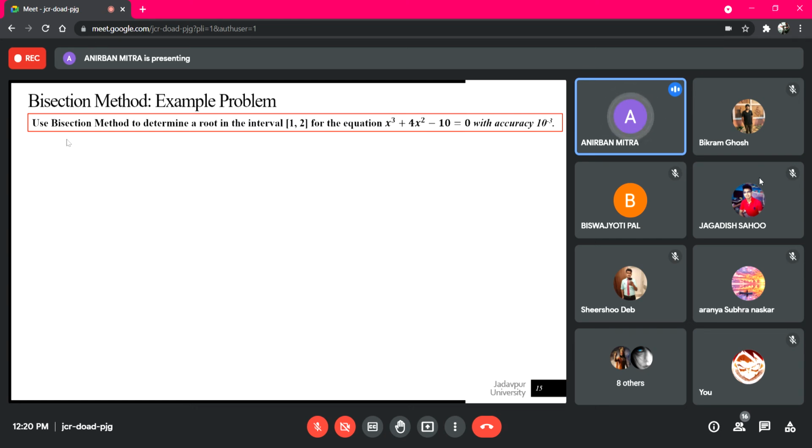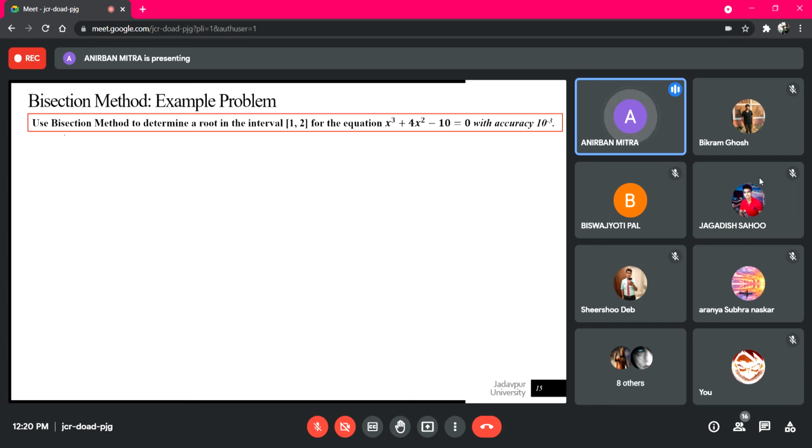Obviously, when you are going to implement a code to solve this problem, you may keep it as a user input. The user needs to provide the pre-specified tolerance because he has the actual problem. That means he decides on how much accuracy he wants in his solutions. Okay.